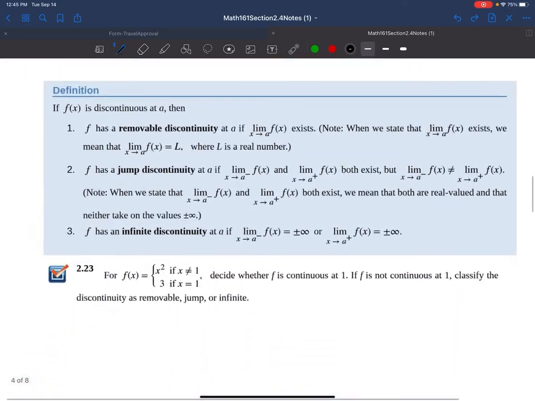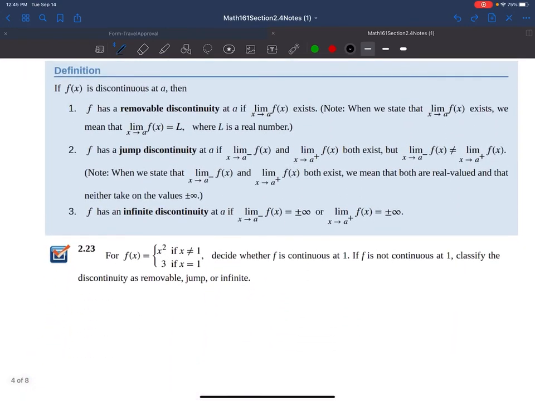All right, let's keep moving. We already talked about this, just reiterating. F has a removable discontinuity. If F is discontinuous at A, then F has a removable discontinuity at A if the limit exists.